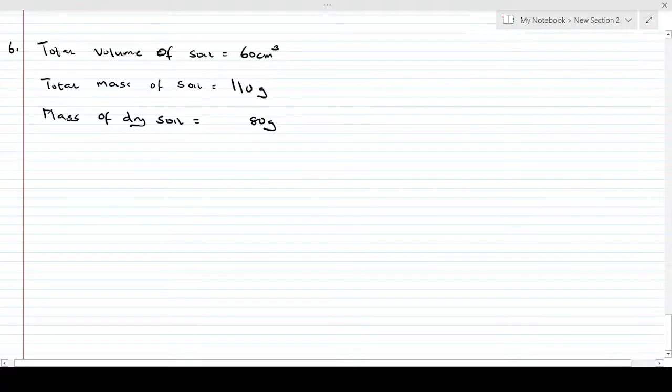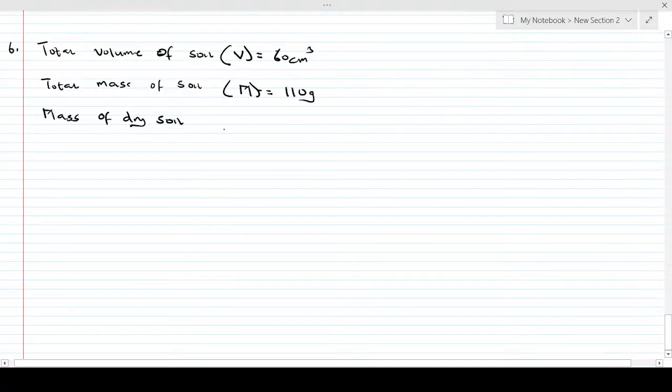So we have specific gravity. Okay, so let me write the parameters. Total volume V, 60 centimeter cube. Total mass M as 110 grams.